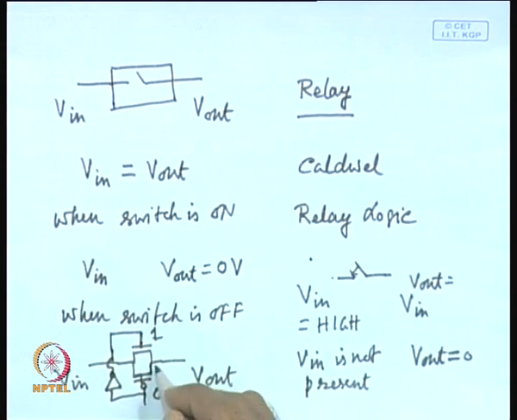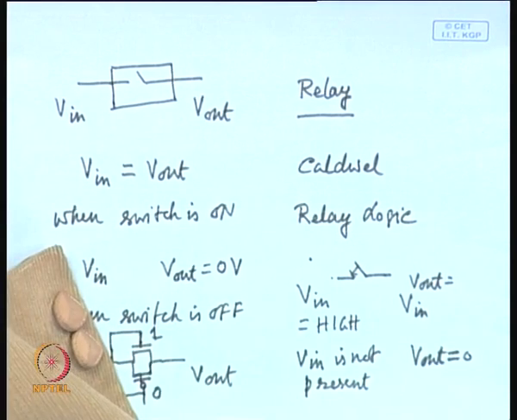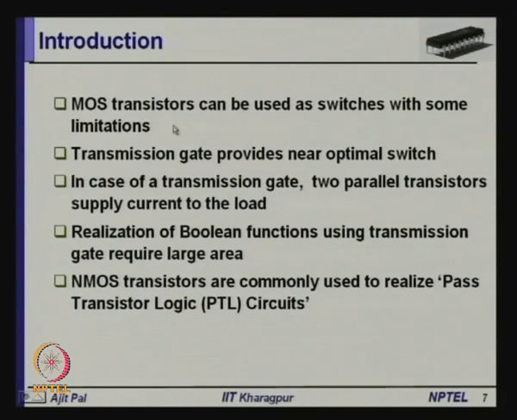So, the number of transistors that you require in realizing a switch is quite large in case of a transmission gate used as a switch. Our observation is MOS transistors can be used as switches with some limitations. Transmission gate provides a near optimal switch. In case of transmission gate, as we have seen, two parallel transistors supply current to the load, and realization of Boolean functions using transmission gate requires larger area, because you not only require two transistors to realize a switch, to generate control signals you may require another inverter.